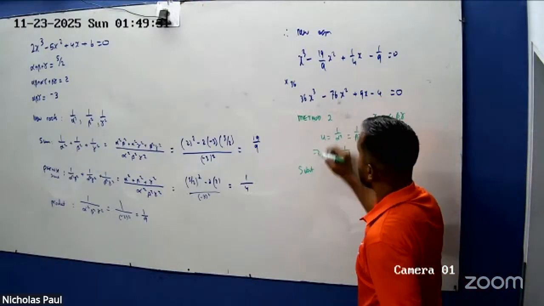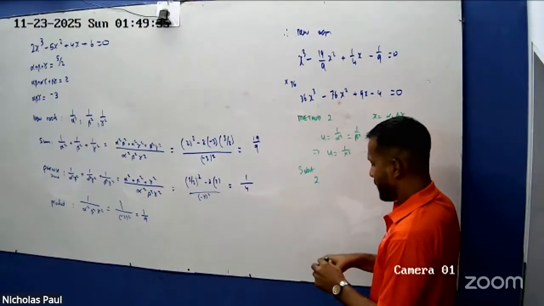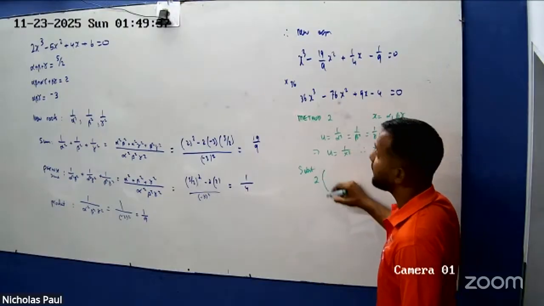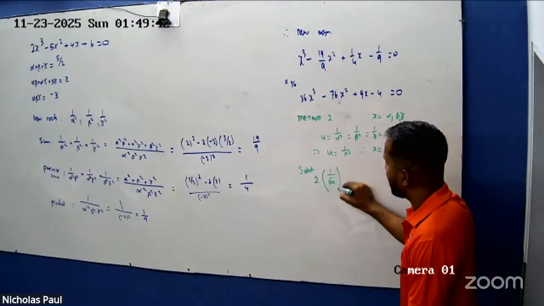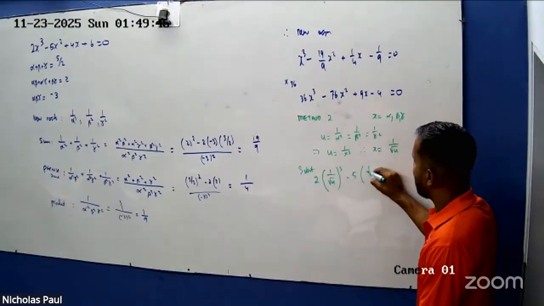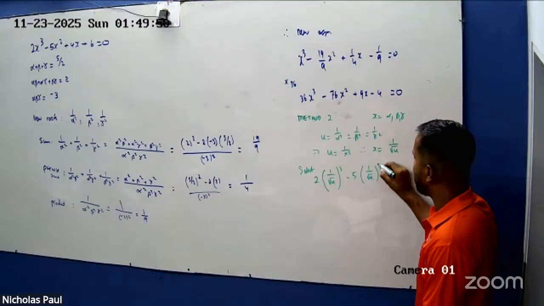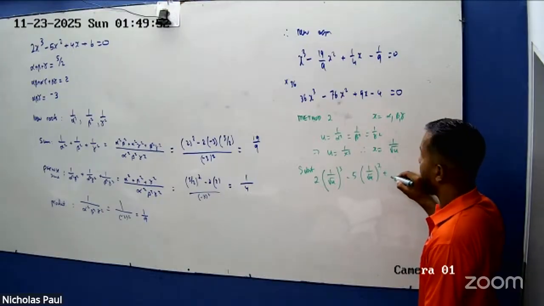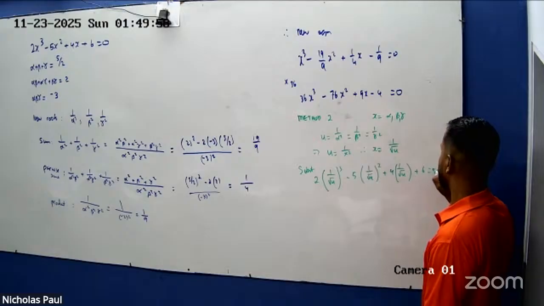So when we substitute into the original equation, you will get 2 by x cubed, which is 1 on the square root of u cubed, minus 5 by 1 on the square root of u squared, plus 4 by 1 on the square root of u plus 6 is 0.